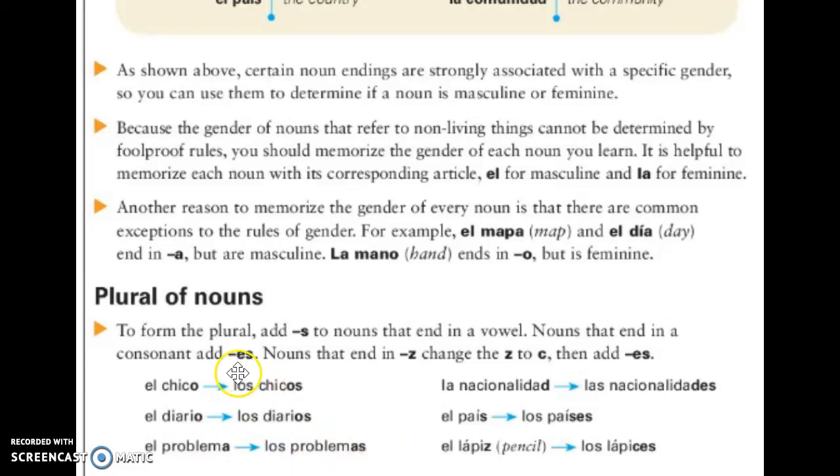So those all end in a vowel, so you just pop S on at the end. And then nacionalidad, it ends in a consonant, so you're going to add ES, nacionalidades, el país, los países, and then an example of when a Z turns to C, it's el lápiz, it turns into los lápices.